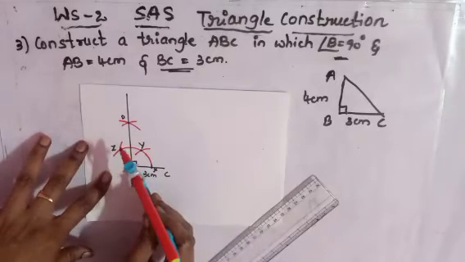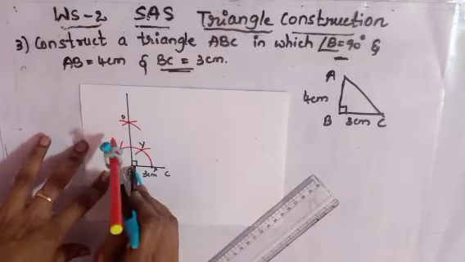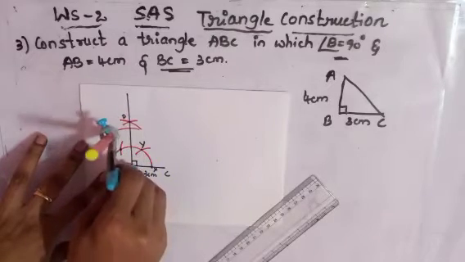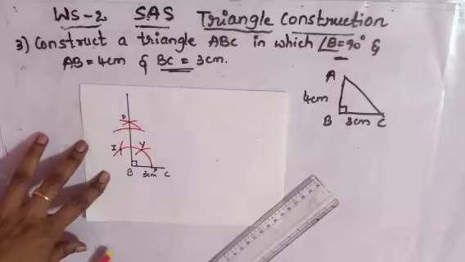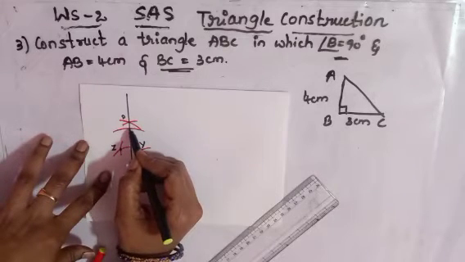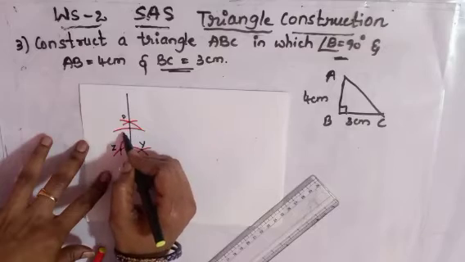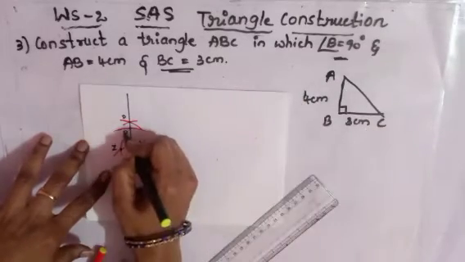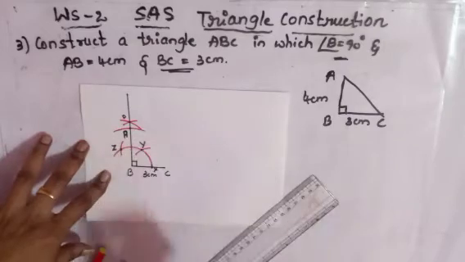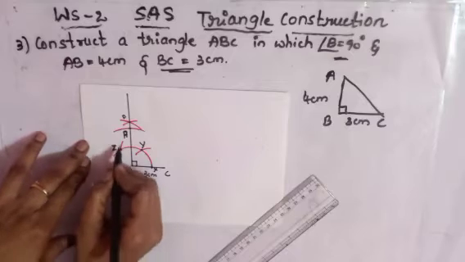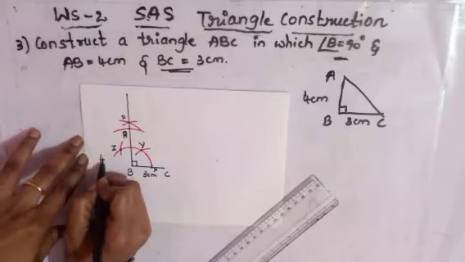Place the compass at B and draw an arc on this 90 degree angle. Name the point where this arc intersects the angle as A. Now AB is 4 centimeters, right?